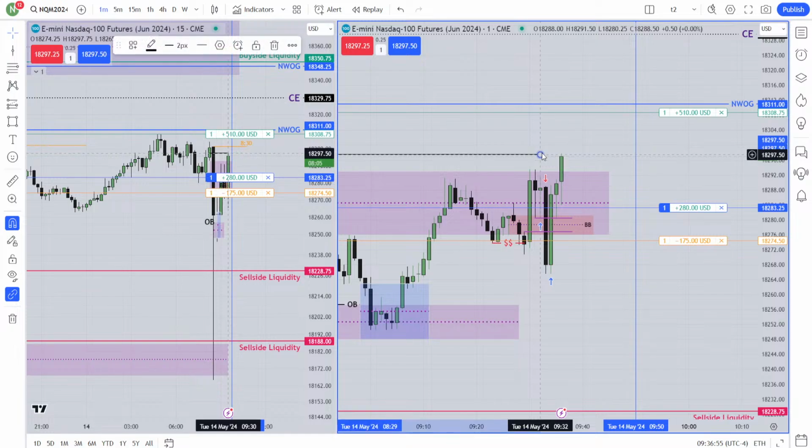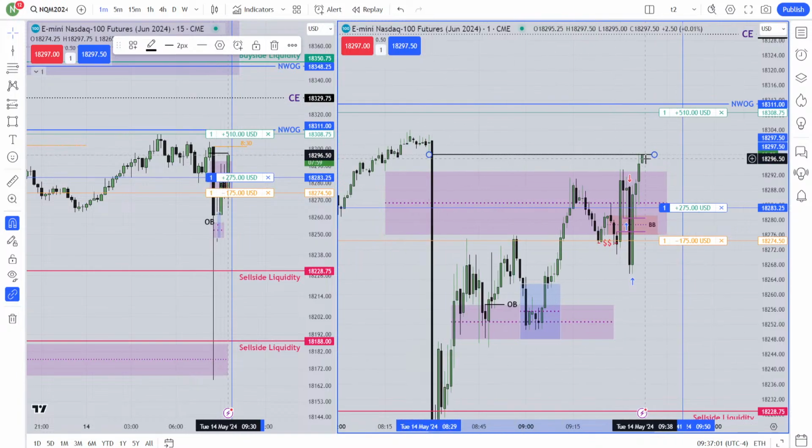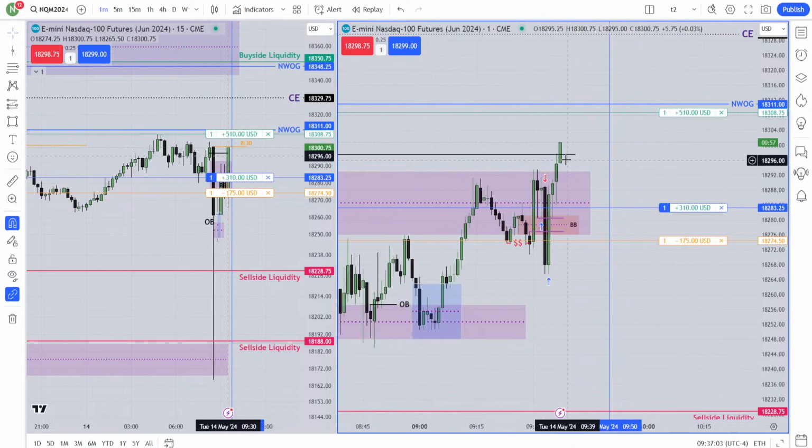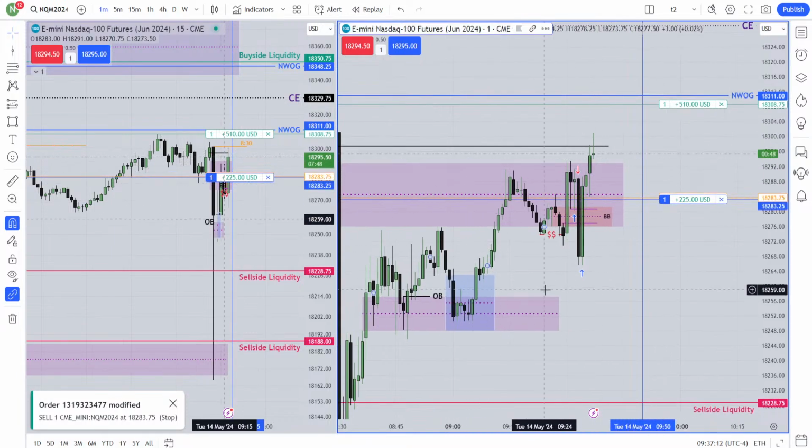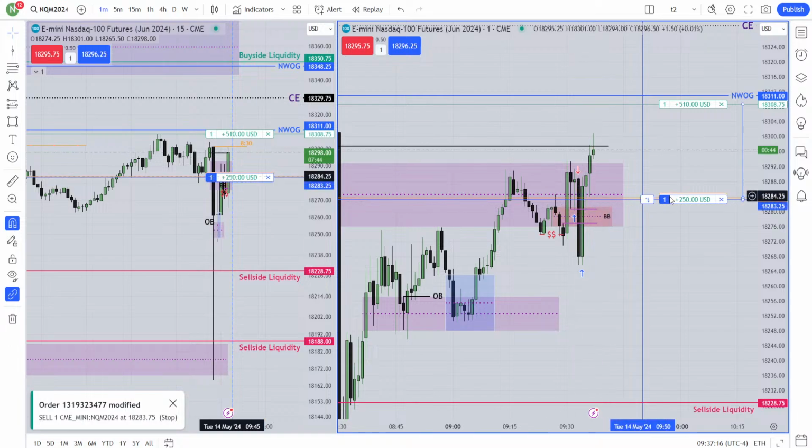Okay, by the way, remember this line, 1 minute low, that is the most obvious place. So when market came here, I'll just put my stop loss to the break even because the news run has done. Okay, the whole setup, everything has done already. So I'll put my stop loss to the break even.